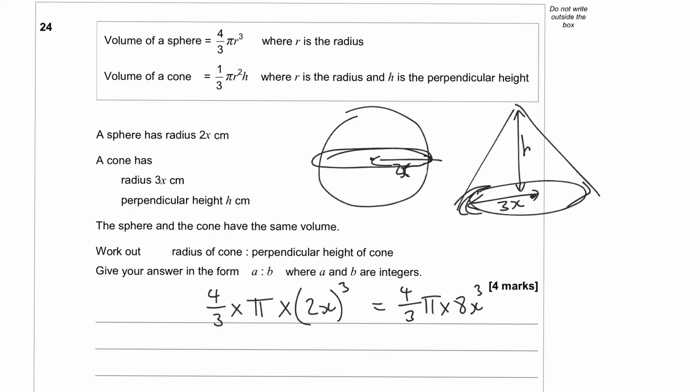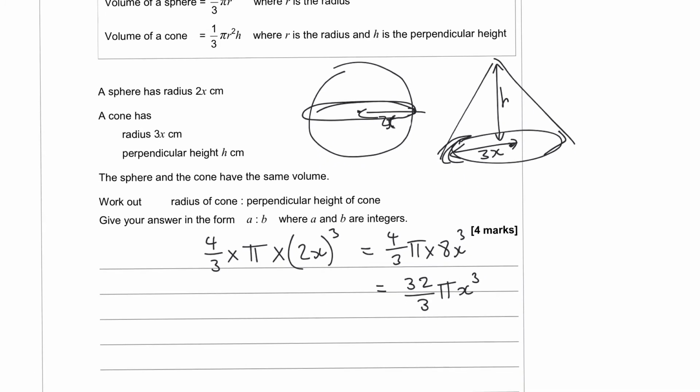Then we can do the 8 times 4 over 3. So that would be 32 over 3 pi x cubed.